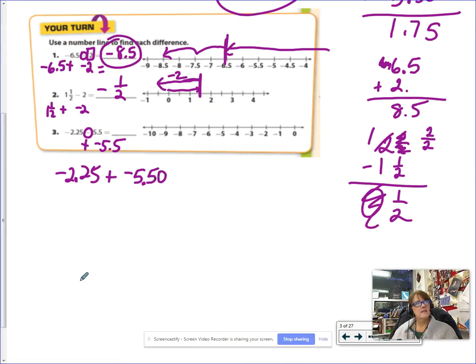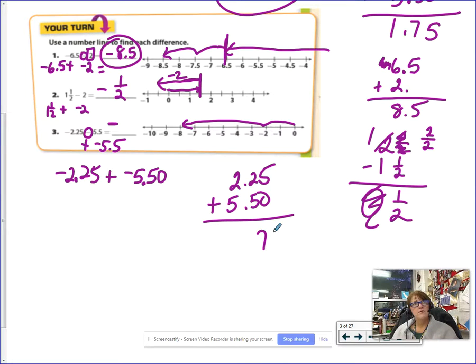Same sign, sum. Since they're both negative, it's like you went back this much and you're going back that much more. You're way into negative land, but same sign means take the sum of the absolute values. And boom. Almost to negative 8, but not quite.